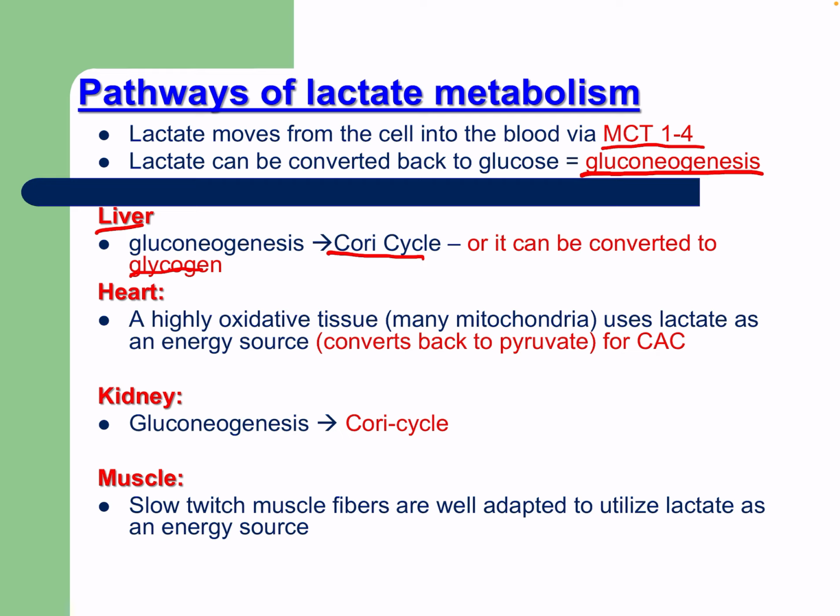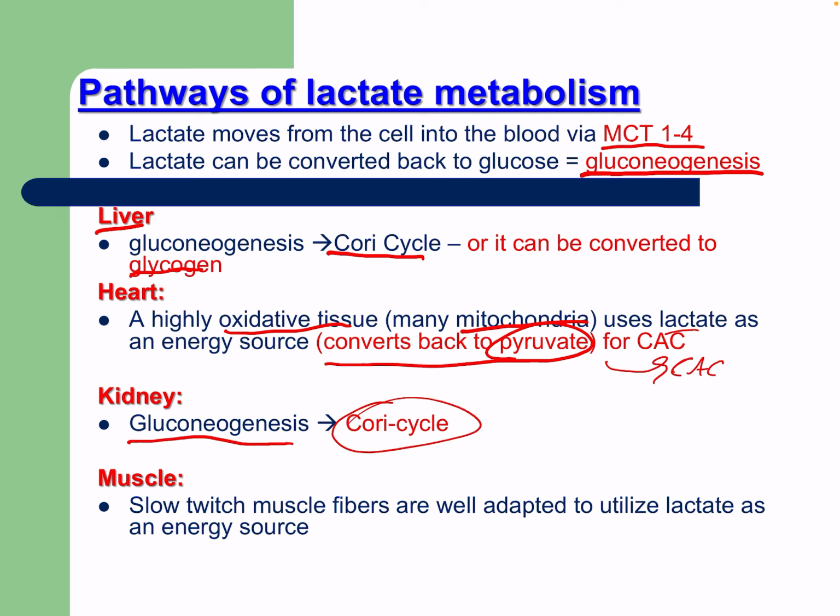The heart is a highly oxidative tissue with many mitochondria, and it uses lactate as an energy source and converts it back to pyruvate. Again, pyruvate can go back into its normal pathway into the citric acid cycle. It can go through the kidney to form glucose, again through the Cori cycle. And lactate can go back into muscles. For example, slow twitch muscle fibers are well adapted to utilize lactate as an energy source.